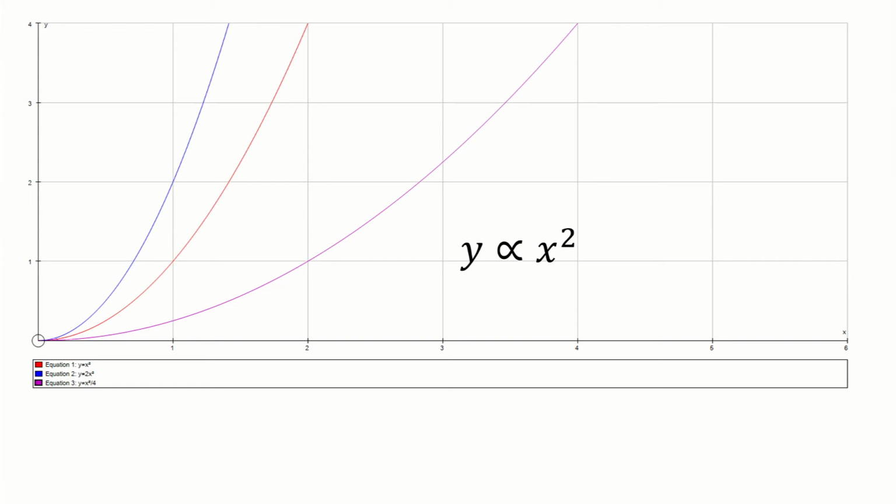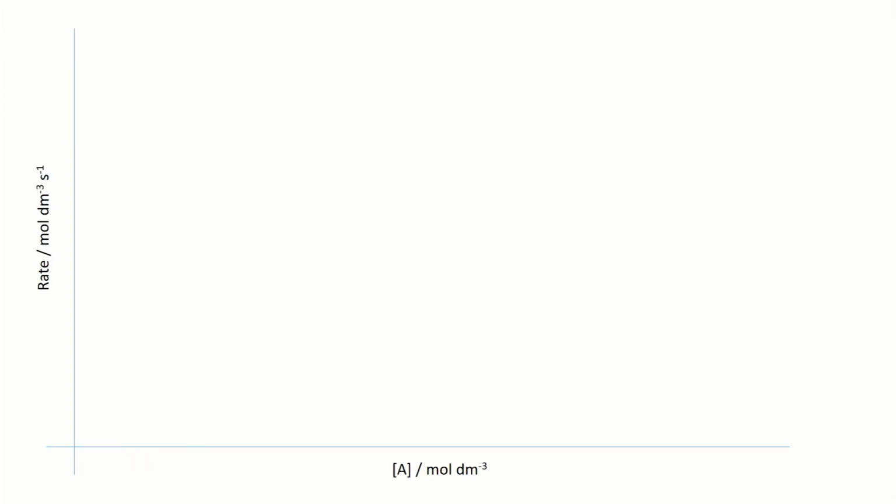And again, if we take the same idea and put concentration across the x-axis and rate up the side, we get a slightly different type of order, because now the rate is proportional to x squared, and so if x is concentration of A, rate is proportional to the concentration of A squared.